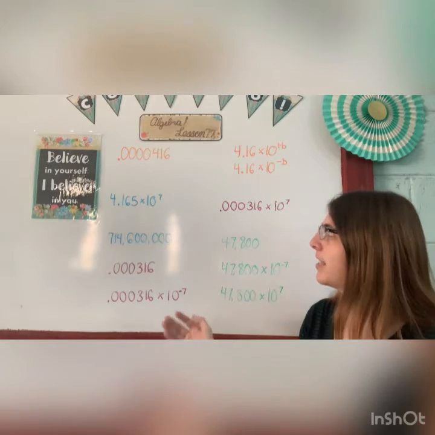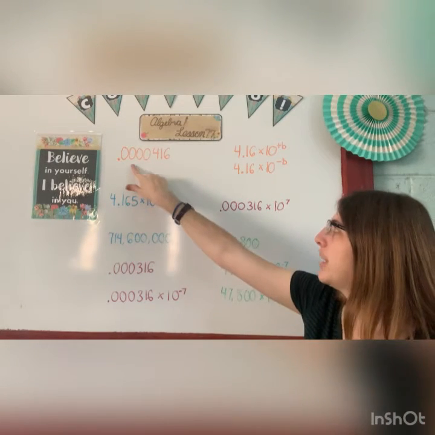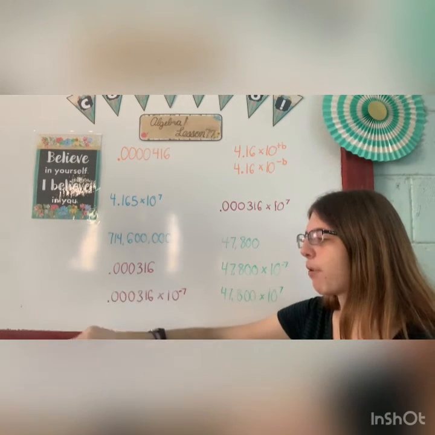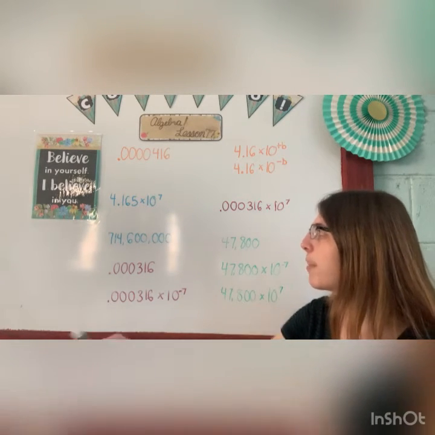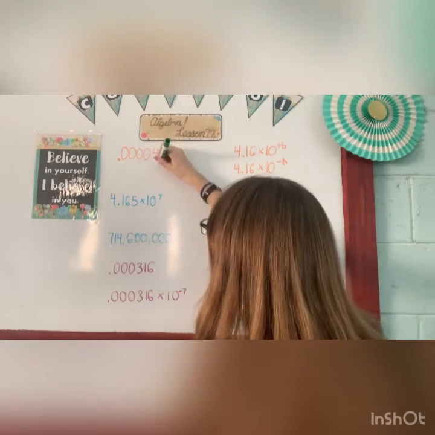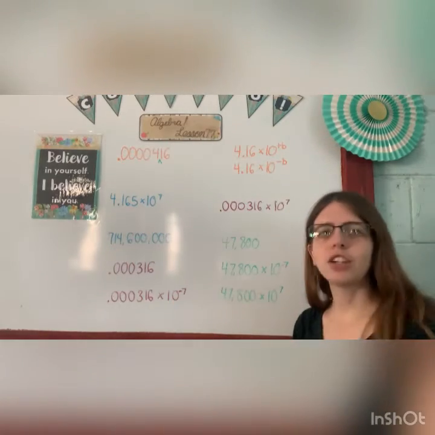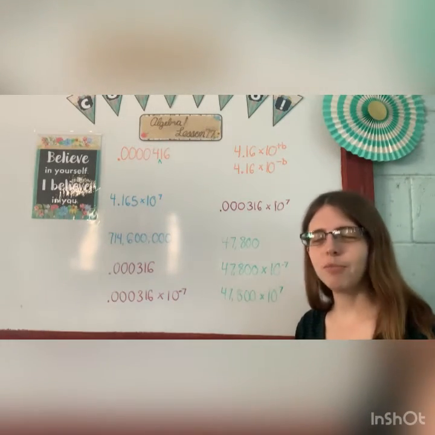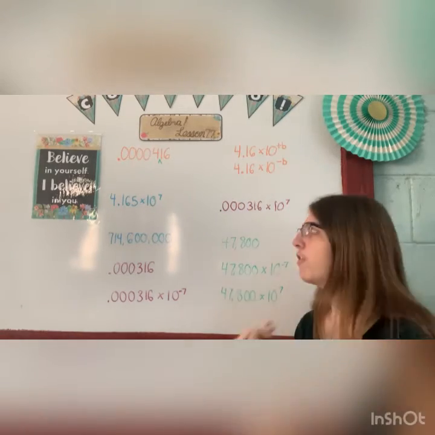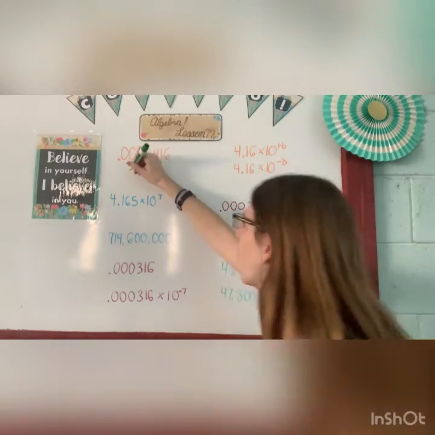So let's practice. Look at this one, 0.000416. There's a two-step process. So first, to turn a number into scientific notation, you have to put your decimal point right behind the first non-zero digit that you come to, reading from left to right. So going towards the right, the first non-zero digit, which here is 4.